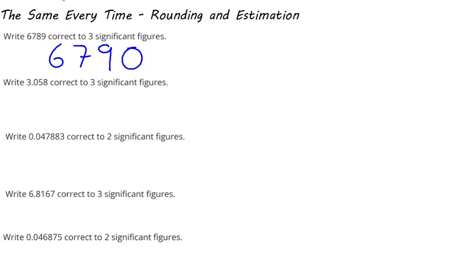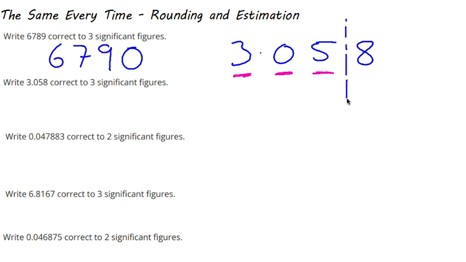So next we've got a decimal, 3.058, rounding correctly to 3 significant figures. And again, we just have to ask ourselves, what is the first significant figure? Well, it's the first number from the left-hand side that is not a 0. So there's the first significant figure, there's the second, there's the third. So 1, 2, 3 significant figures. There's the cutoff point.